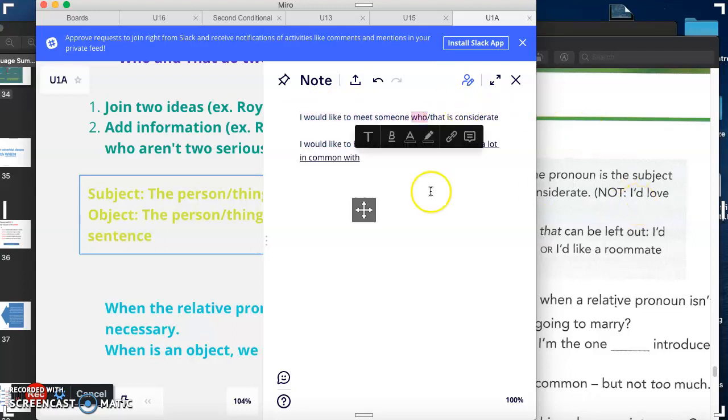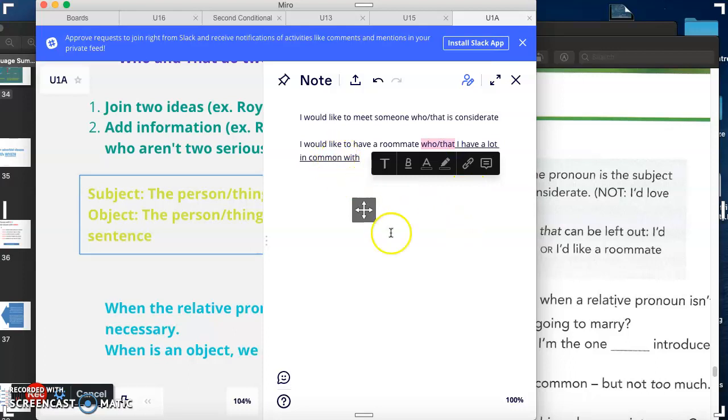So basically, again, if we are using the relative pronoun as a subject, it is necessary that we put it, because it's linking two ideas, it's connecting two ideas. If we have it as the object, it's just giving us extra information and we don't really have to put it.